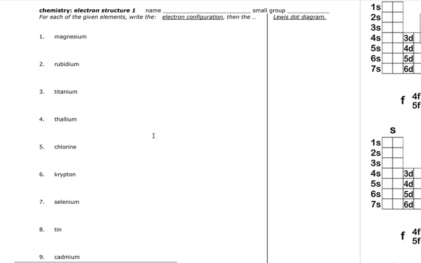So on a periodic table, we have our magnesium there. And on a periodic table, magnesium has 12 electrons. Okay. Take a minute to find where magnesium is on your periodic table. And I'll pull my periodic table up here too.